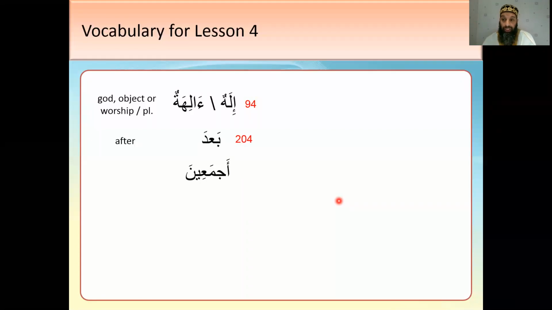See, we get jumu'ah. What's jumu'ah? It's gathering, isn't it? People gather all together. Similar. Ajma'een. And even in Urdu we say jama, and even in Arabic, jama means plural, where lots are coming together.